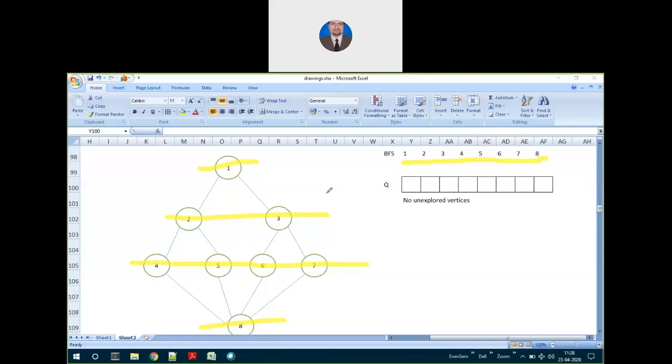All the visited or unexplored vertices we need to keep inserting into the queue, and we continue this technique until the queue becomes empty. Once the queue becomes empty, all the vertices are explored, not only visited. When all the vertices become explored, we get a sequence of vertices, which is the traversal of the vertices. This sequence is called the breadth first search list.